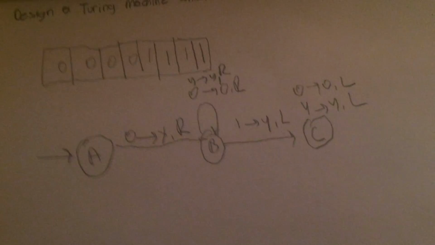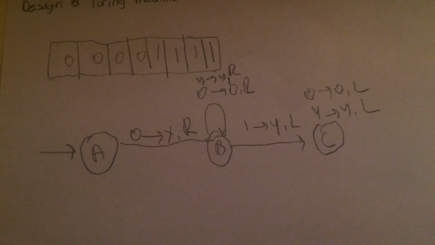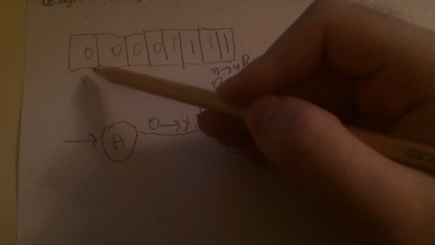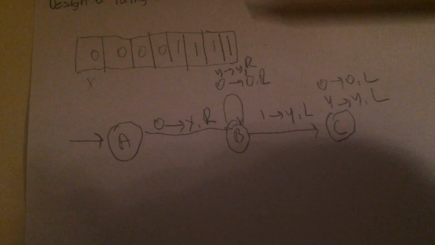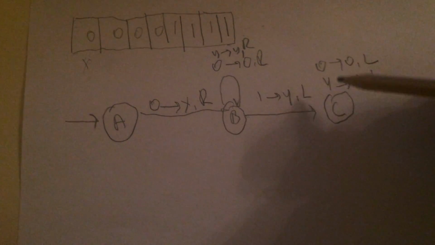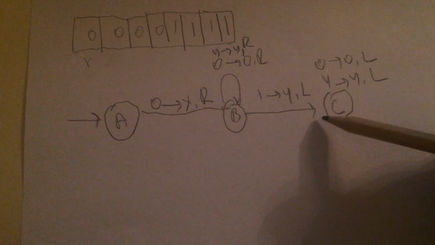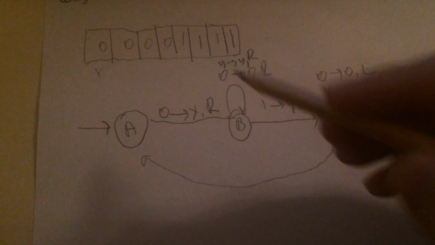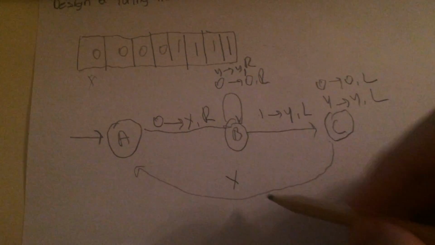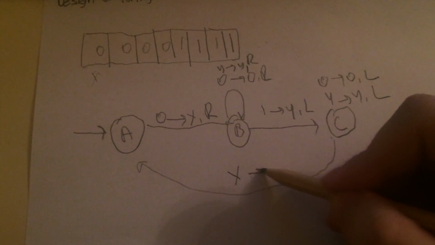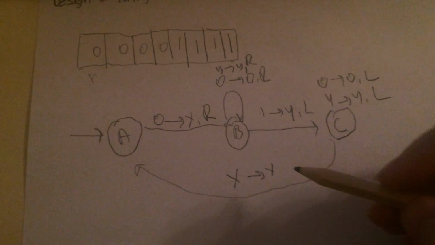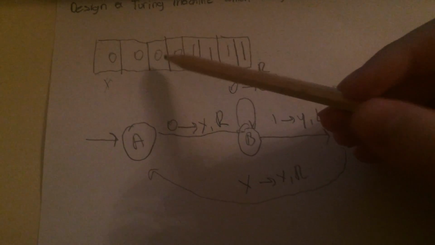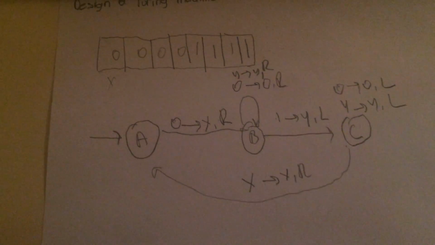At some point, it will see the leftmost x. When it sees the x, don't change it, and start to go right, because it needs to see the second 0.